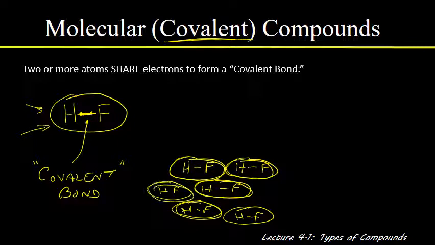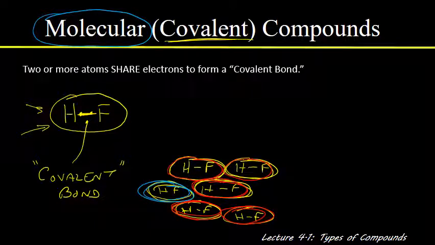But unlike with the ionic compound, you actually do have individual identifiable molecules. Here's a hydrogen fluoride right here, and here, and here. Instead of just a collection of positive and negative ions, you have individual, discrete molecules. That's an important difference between ionic and covalent, and that's why we call them molecular: they retain their molecular identity as individual molecular units.